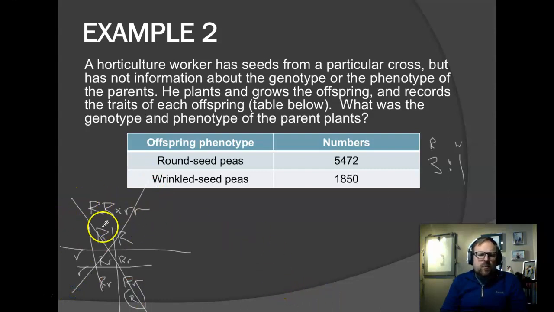Okay, it can't be that cross right here. If we tried to cross an individual that is heterozygous with an individual that is homozygous, and we did the Punnett square, you would find that this would be about a 50-50 ratio. But we don't want 50-50. We don't want 1-to-1. We want 3-to-1 round to wrinkled. So that's not going to work.